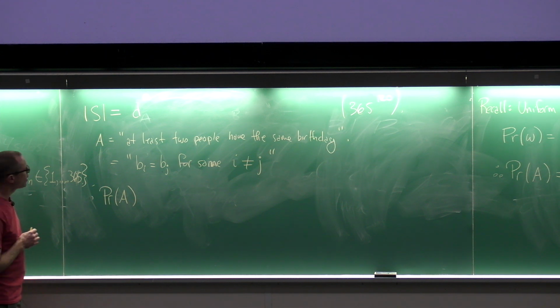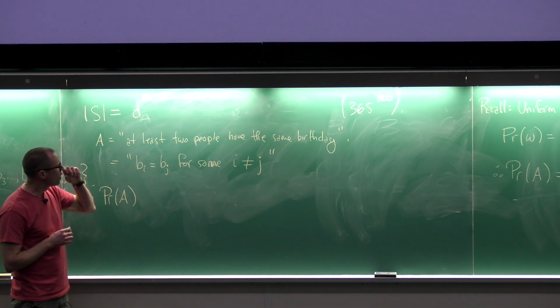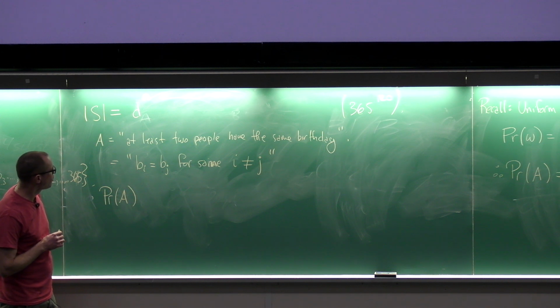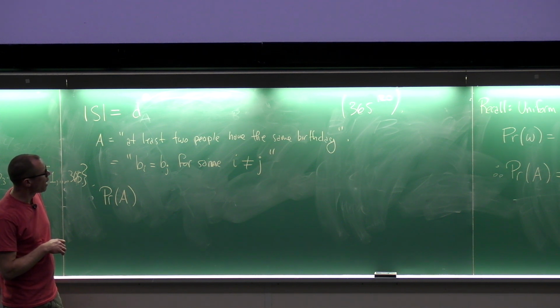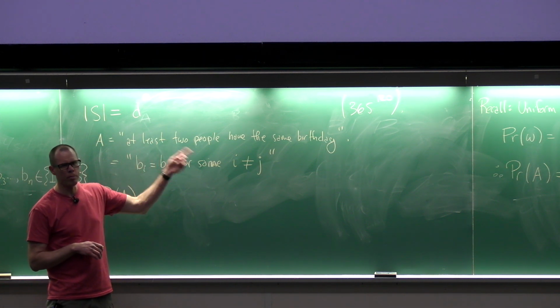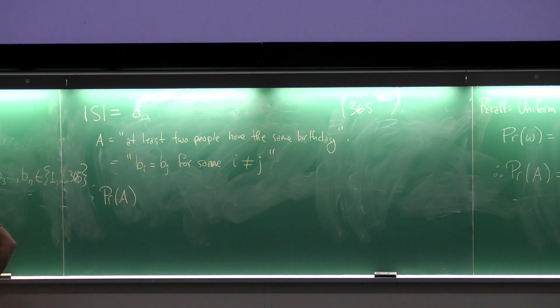One of the issues is this: you'd have to consider the cases, if you want to split it up into separate cases, where there's maybe 2 pairs of people who have the same birthday, or 3 pairs of people who have the same birthday, or even 3 people who share one common birthday, and lots of stuff to worry about there.